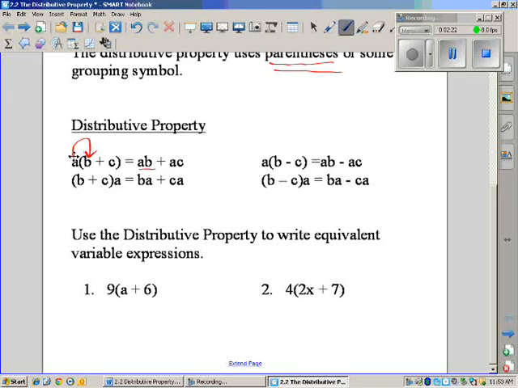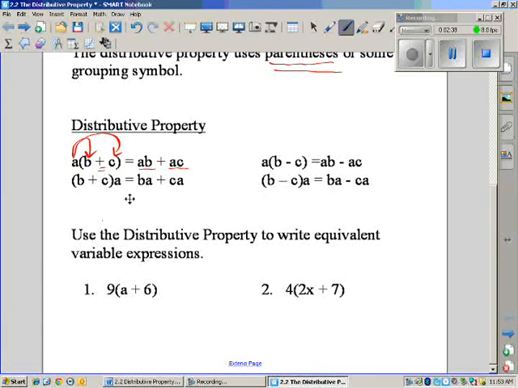If you distribute or multiply A times positive C, this sign is important, you end up with a positive AC, and your parentheses are gone. That's the important thing. The parentheses are gone.